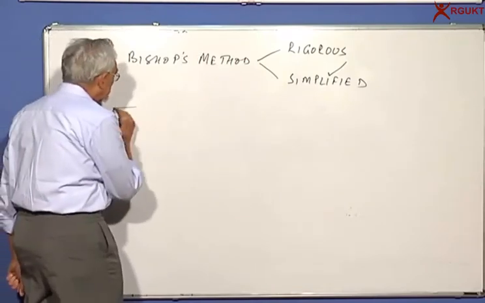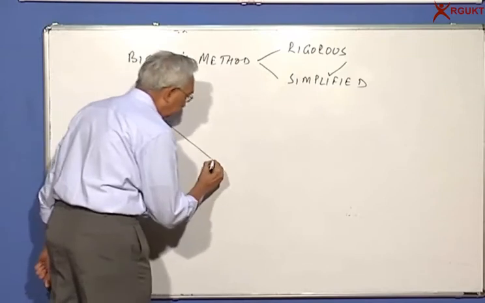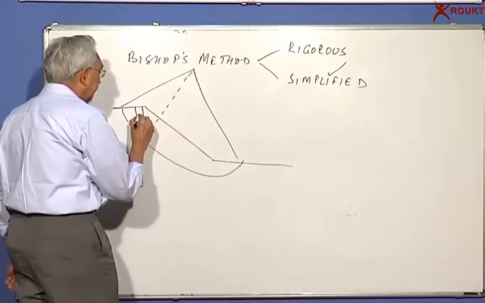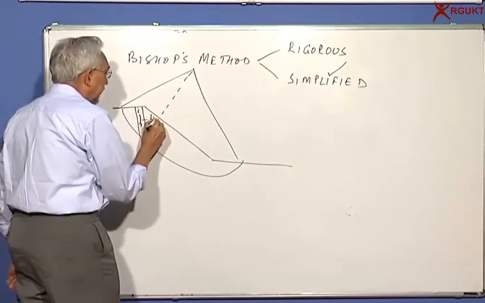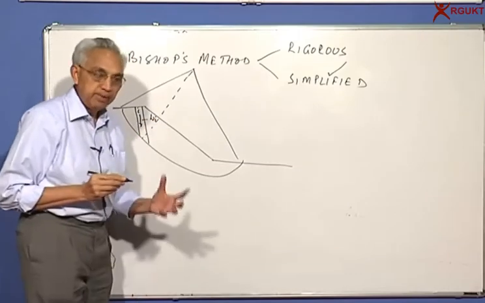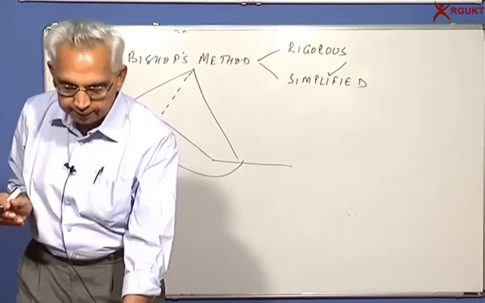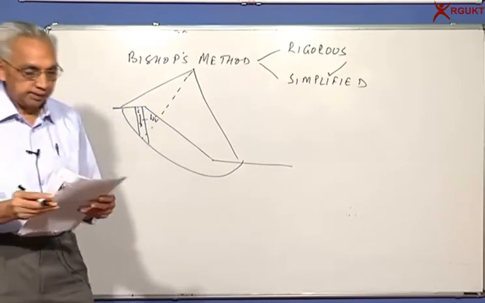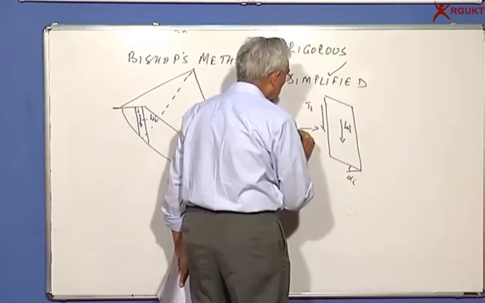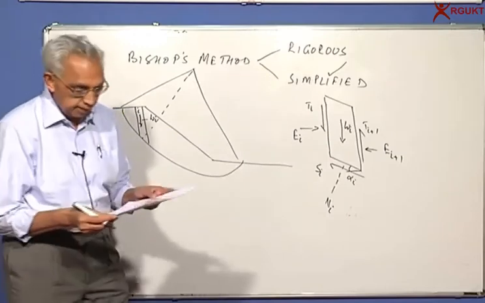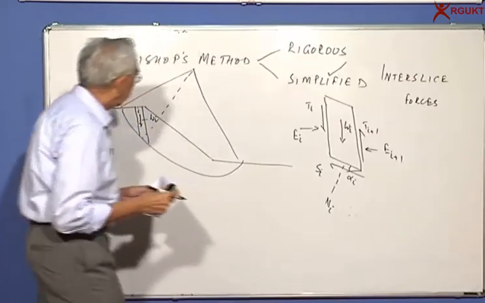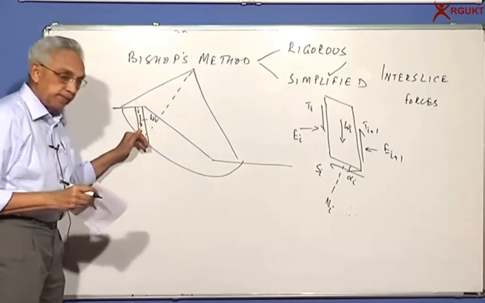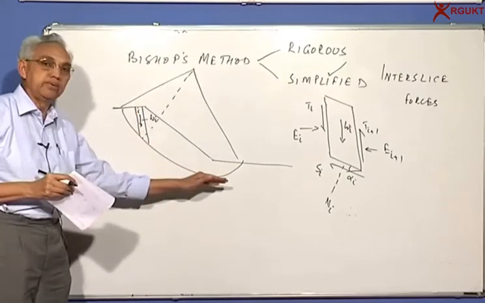The approach is exactly the same. Say this is the ith slice, so this will be Wi. What we will now do is look at the various forces on the slice. What we now consider are the interslice forces. As you can see, this slice is trying to go down and go to the right.